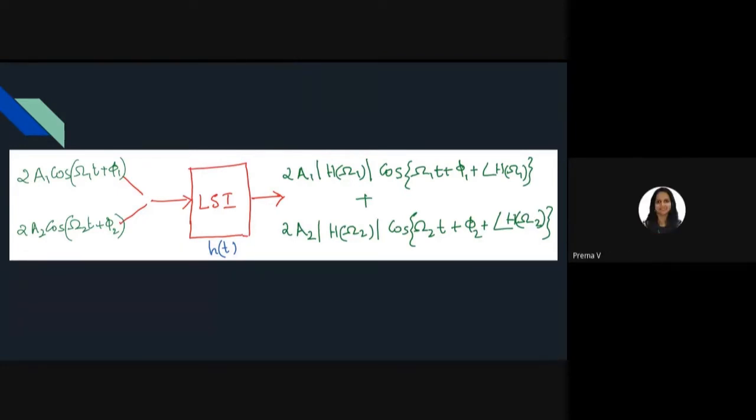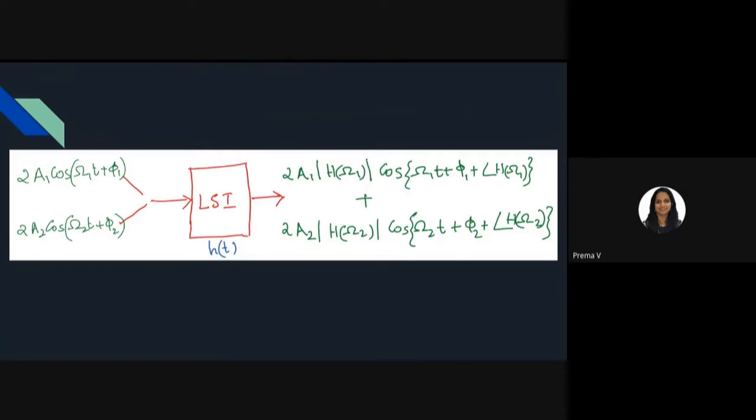Now, if you evaluate the convolution of this with the impulse response of the LSI system h of t, what we will get are two waveforms or two phasors. The first one will be 2a1 times the magnitude of H at omega 1, cosine of omega 1 t plus a new phase.